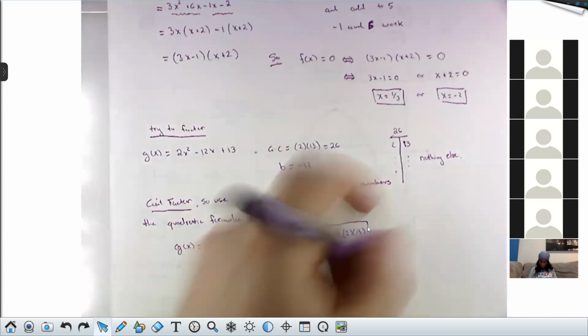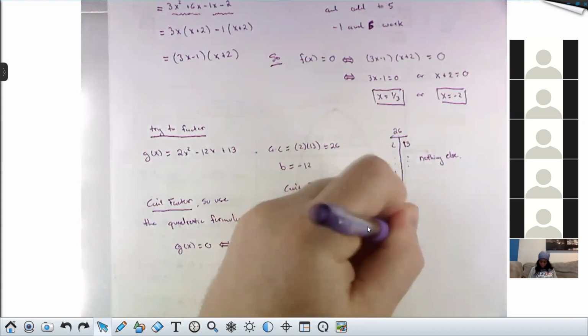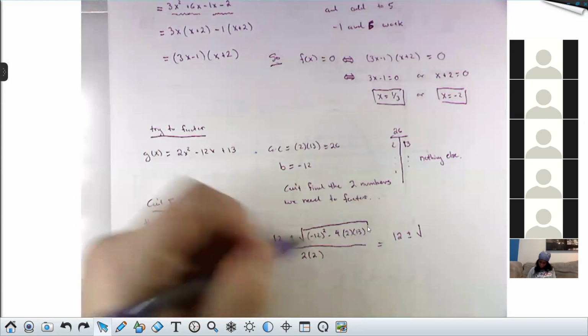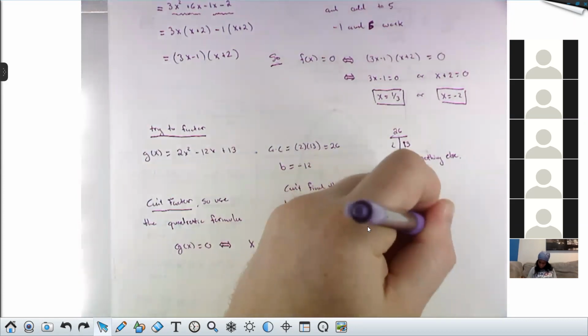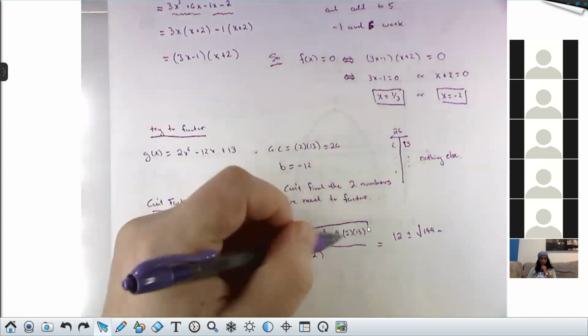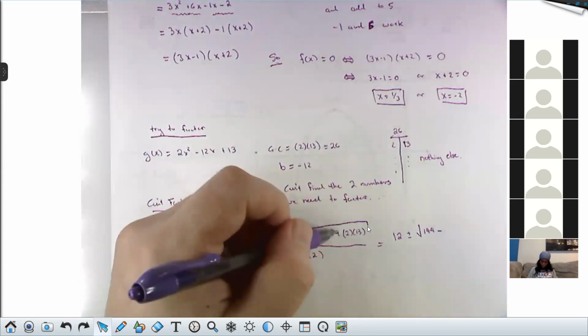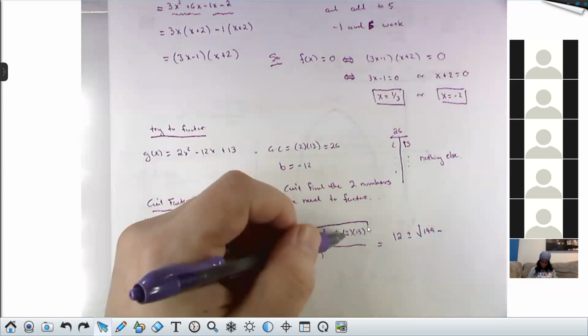And we'll clean this up as much as we can. So that's 12 plus or minus the square root of 12 squared is 144 minus 4 times 2 times 13. Well, 2 times 13 is 26. 26 times 4, what is that? 25 times 4 would be 100.